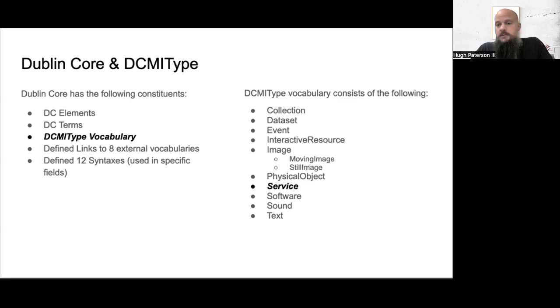And then there's the 12 different syntaxes that are defined for very specific fields within the Dublin Core elements or terms. So the DCMIType vocabulary has several options, services where I'll be talking about, but then I'll contrast those with interactive resources and software a little bit during my talk. Of course, there are collections, data sets, events, and etc. through the other parts of the DCMIType vocabulary.